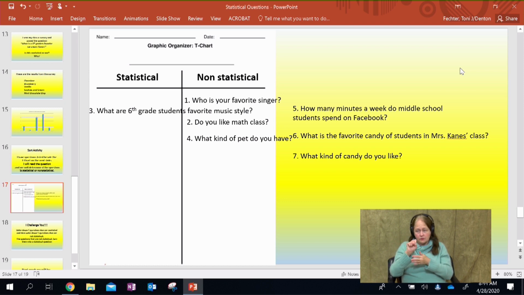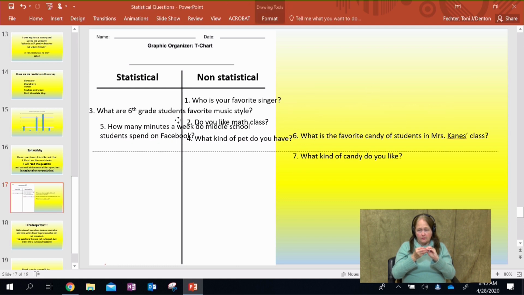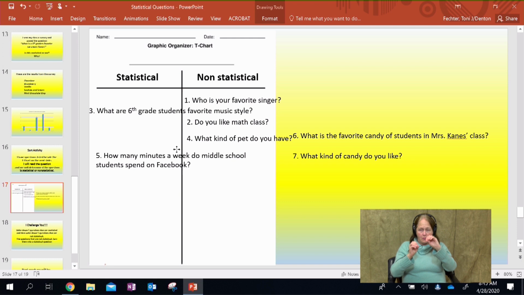Now let's look at what we're talking about. Could you have more than 2 answers? Yes, you can, because there are many seconds and minutes in an hour, so that could be a very large number. So that one can move over here.